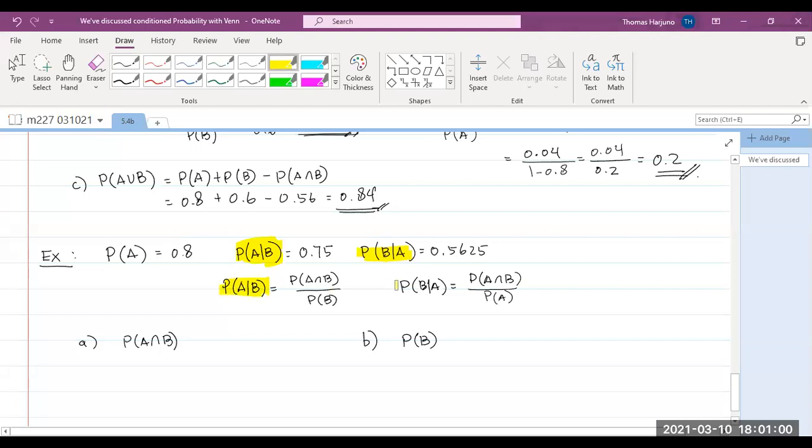We know probability of A, but we don't know probability of B. In other words, we cannot use this formula to answer part A. We can use this one though.